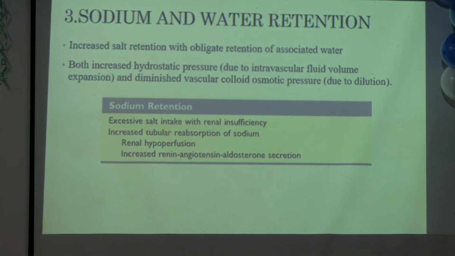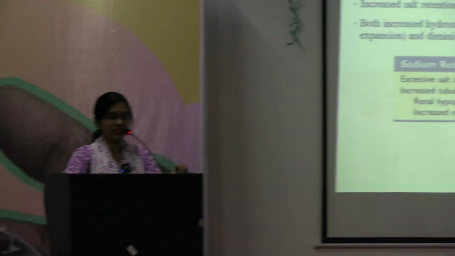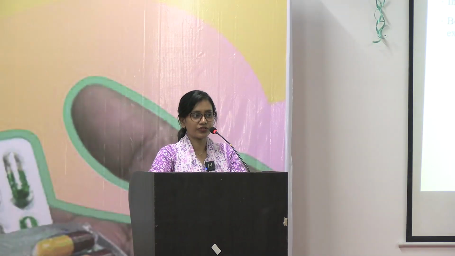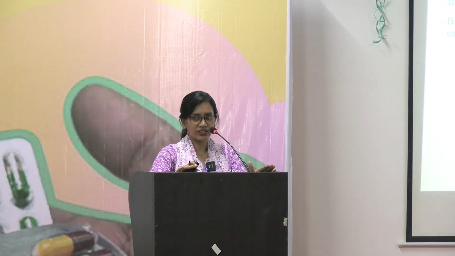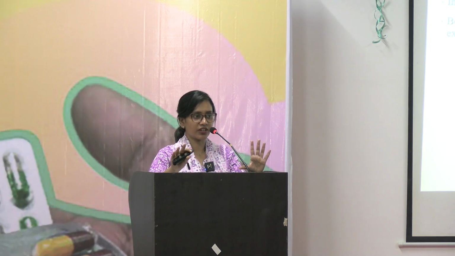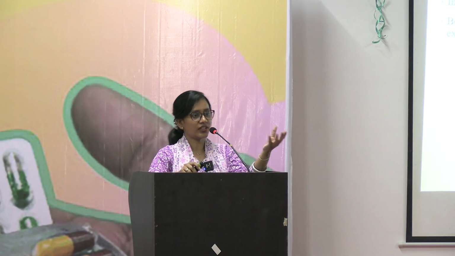Where can you see renal hypoperfusion? That means reduced blood flow to the kidney. In which cases? The blood flow itself will be reduced to the organ. So which is the organ which pumps out blood? Glomerular injury? That will be a local cause.